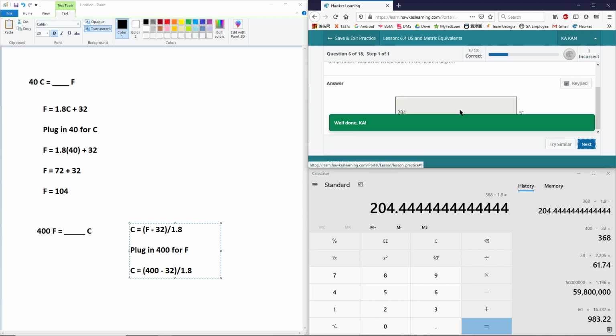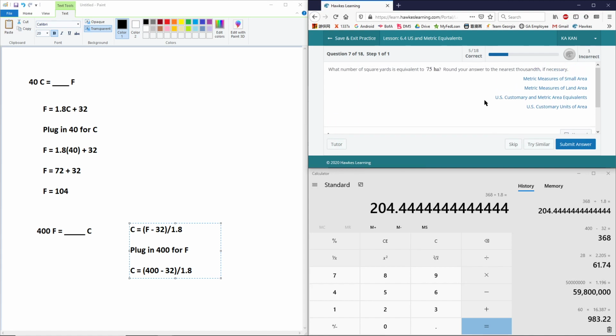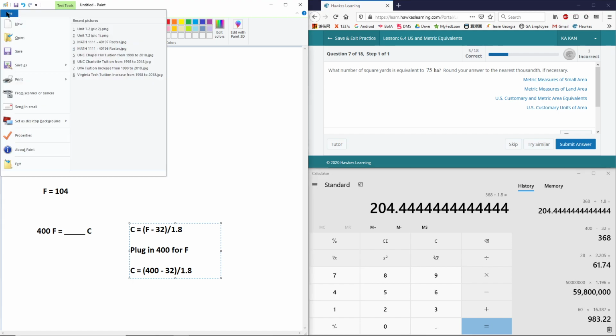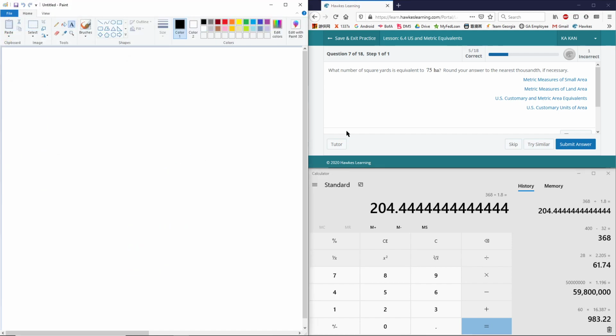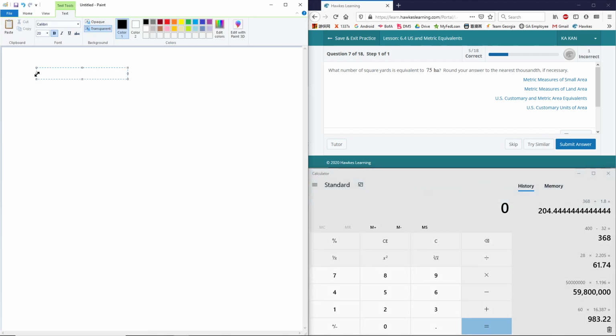There you go. And pretty much just the same thing over and over after this. Like this one's a little bit crazy, so maybe let me go ahead and do this one. So when you see the HA, that's when it gets a little bit tricky, right? Because you want stuff to be in meters. So the first thing I would do, before even reading whatever question they got, I want to know what is that in square meters, because they will help me. Now look at this.